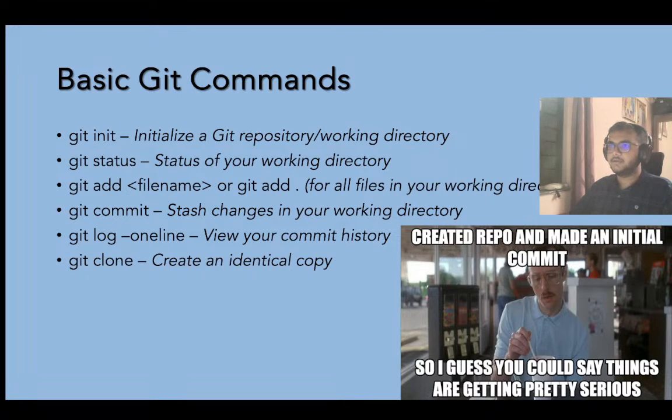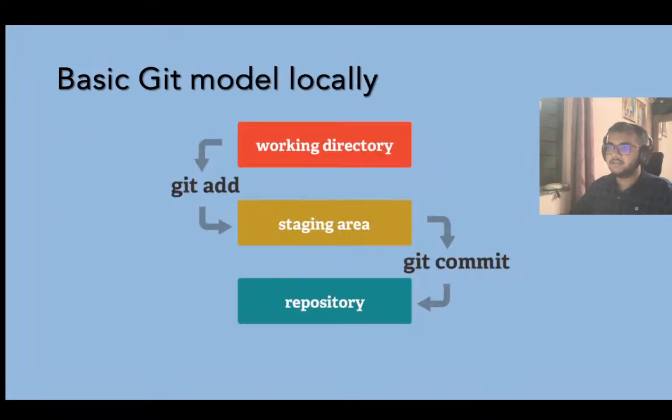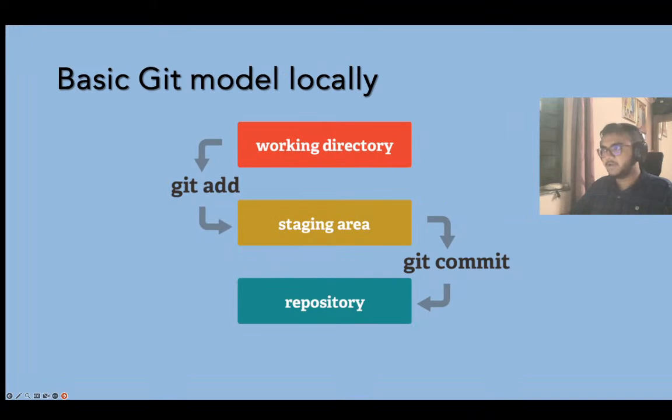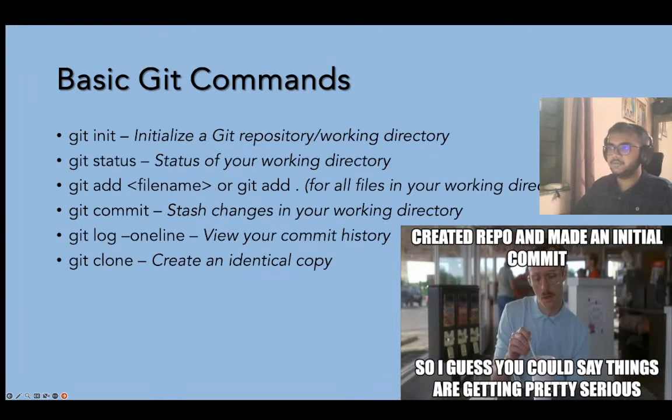So git init basically means you initialize a Git repository in your working directory. And then git status, as I said, will tell you the status of your current git, the files and folders: which of the files are in the staging area, which are in the working directory, and which are supposed to be pushed in the next one. And then git add, which adds all the files that are there in your working directory.